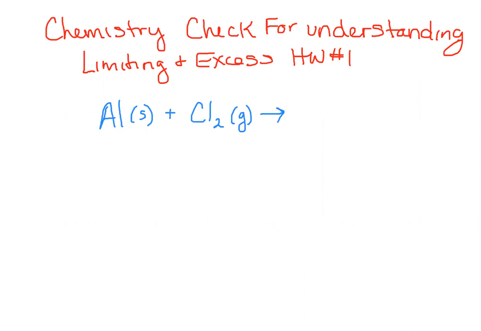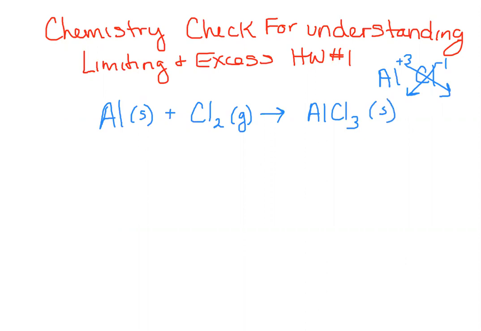So we have to decide what aluminum chloride looks like. Here's aluminum, here's chloride. You're going to look on your periodic table, and aluminum has a +3, chloride has a -1. We're going to do this, and aluminum chloride becomes that. And it says they're crystals, so they are solid.